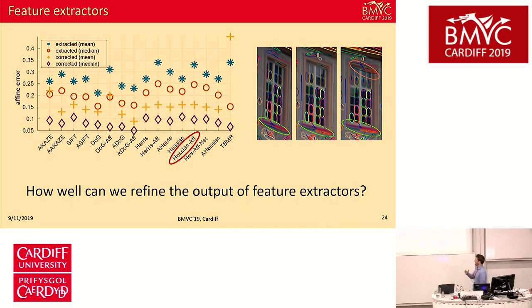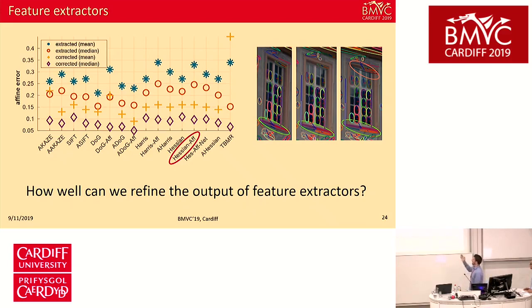Well, of course, different feature extractors focus on different regions in images. So it's not a perfect comparison just by considering that. And the scale of the features which are extracted, for example, TBMR in our setup can extract large regions.